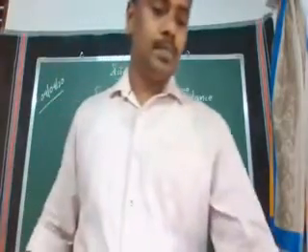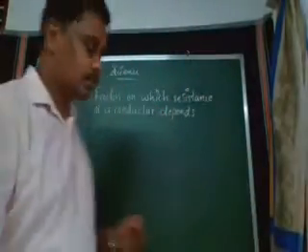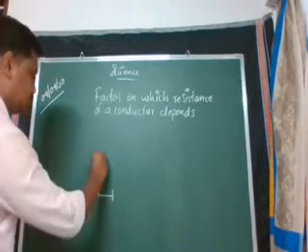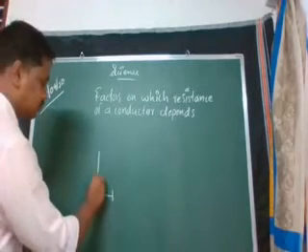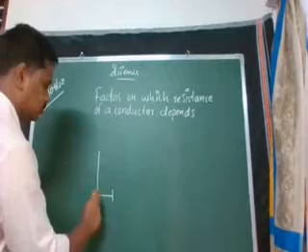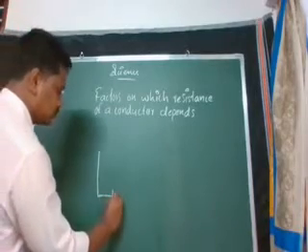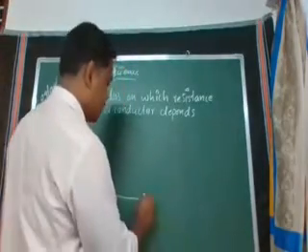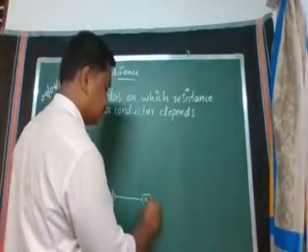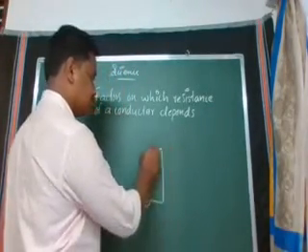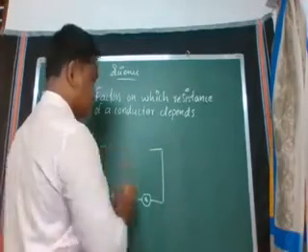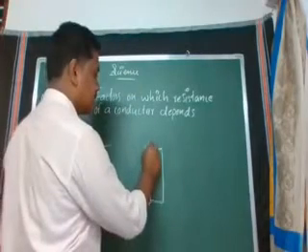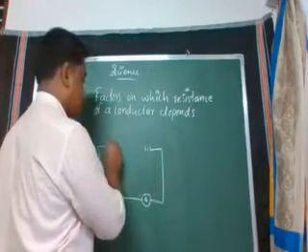And we have the diagram, in which an ammeter is connected. Then here a plug key is there.